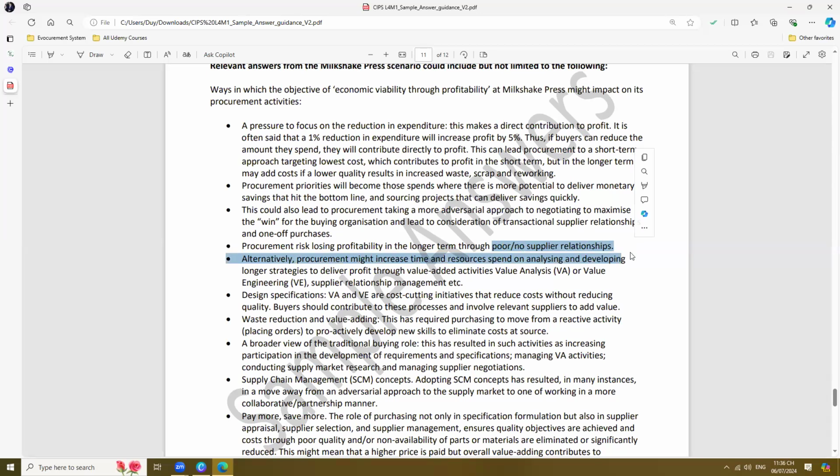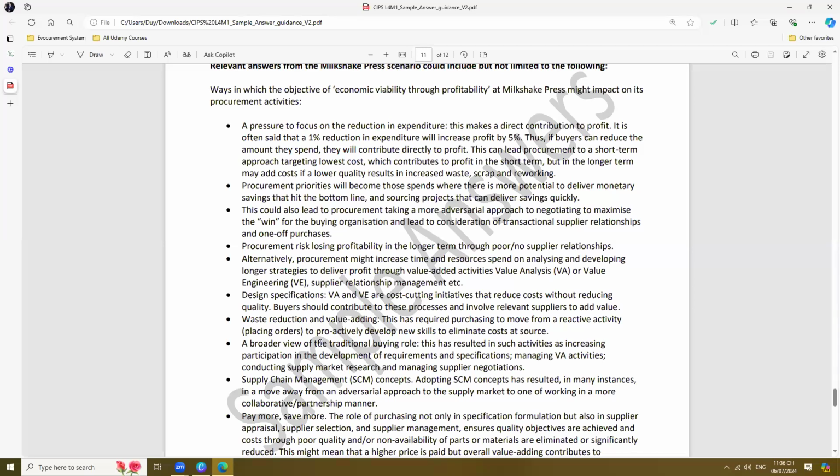But on the positive side, if procurement does this correctly, it could lead to better innovation, more creativity, better design specification, higher waste reduction, and so on. So with a question about the impact, it means what pressures could be put on procurement's shoulders.